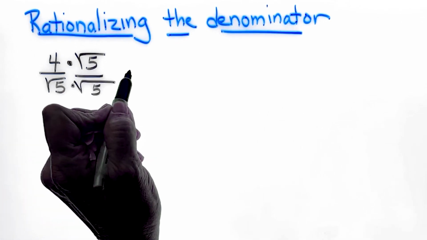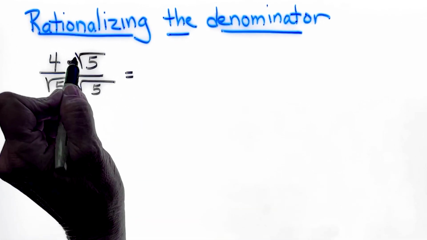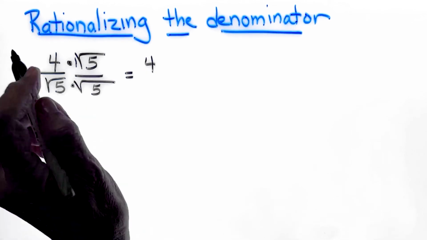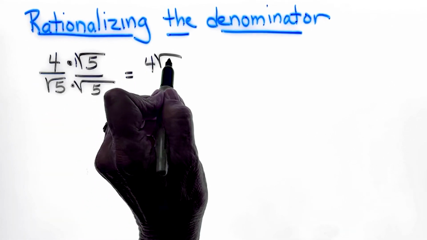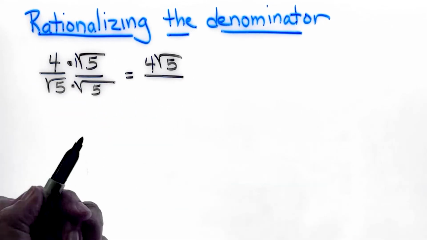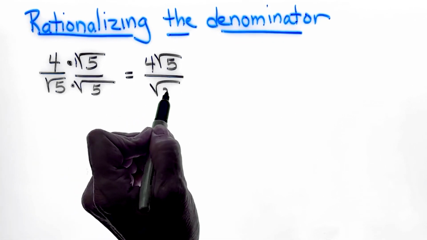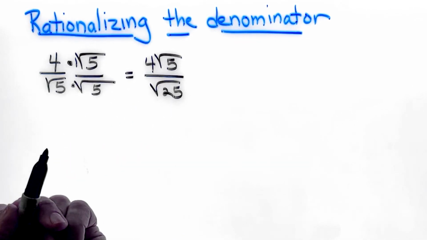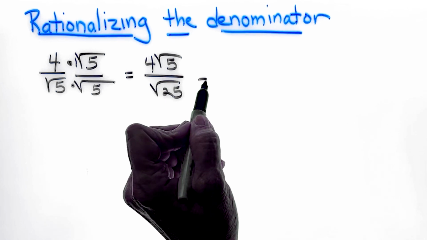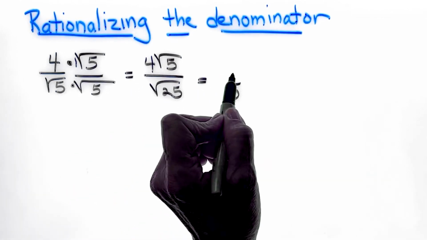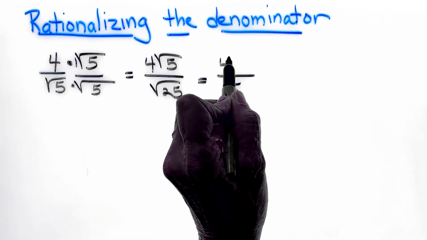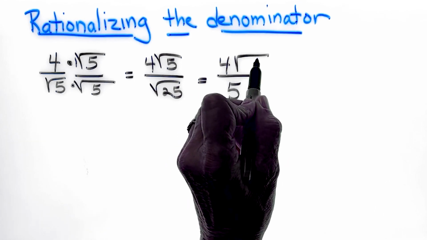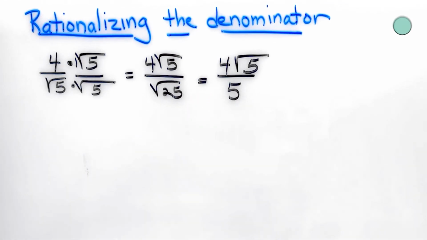So when I do that, you'll see that there's a 1 there. So I get 4 times 1 is 4, 4 square roots of 5 over the square root of 25. Well, the square root of 25 is equal to 5. So our final answer is 4 square roots of 5 over 5.